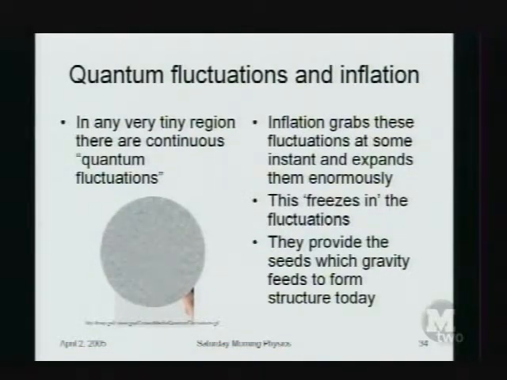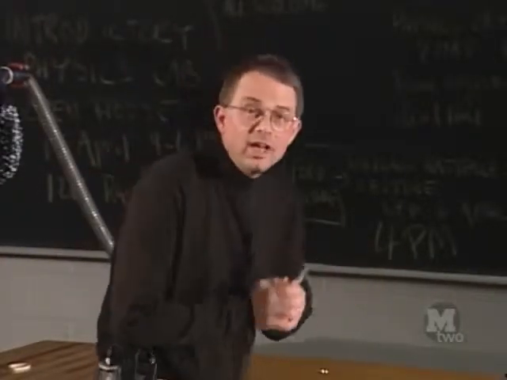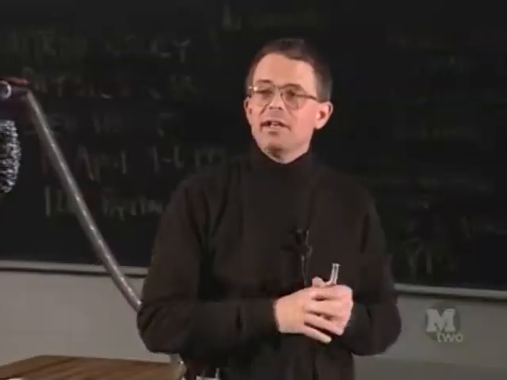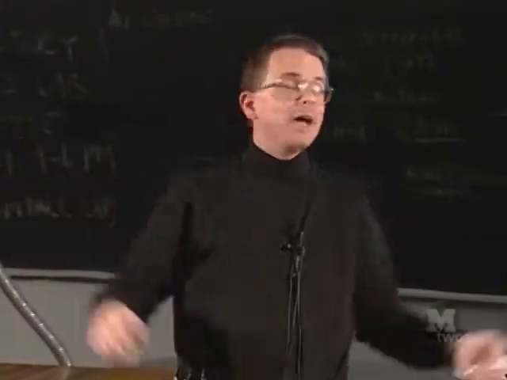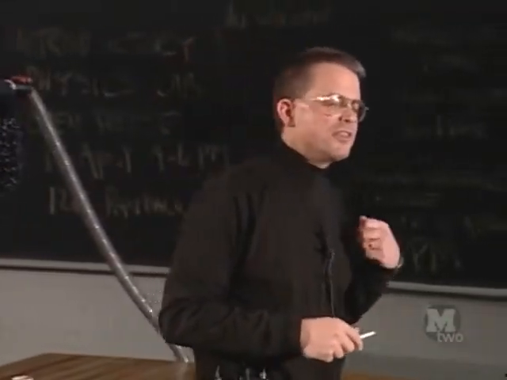What happens with inflation is that those quantum fluctuations, very real things that we can measure things about in the laboratory, get exploded to enormous size and frozen in place. So the little fluctuations we see in the early universe come from this and get expanded out to be big things by the inflationary epoch. Okay? They provide the seeds from which the structures we see today form.